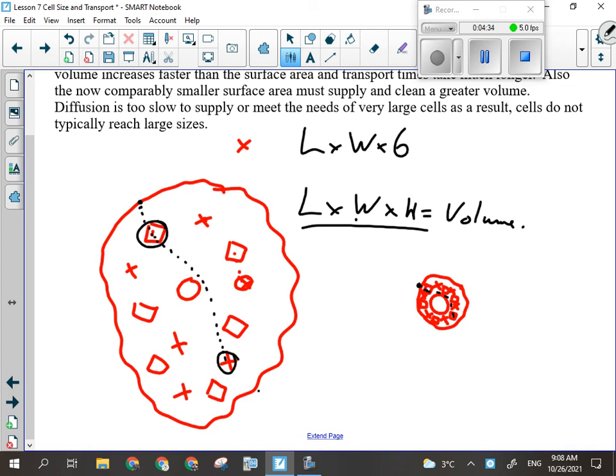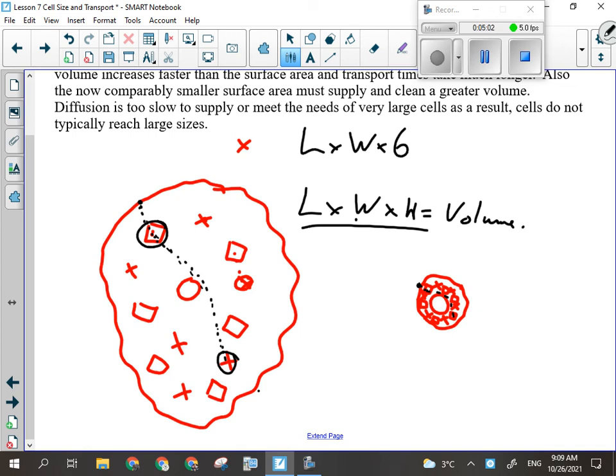Is that a problem? Yes. Okay? Diffusion is slow, so it's going to take longer to get there, and as it goes from here to there, remember that diffusion goes from an area of high concentration to an area of low concentration. That material is going to get spread out and like less concentrated, more so going over this large distance than it would over this small distance.